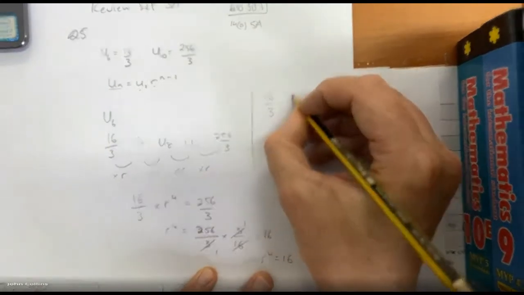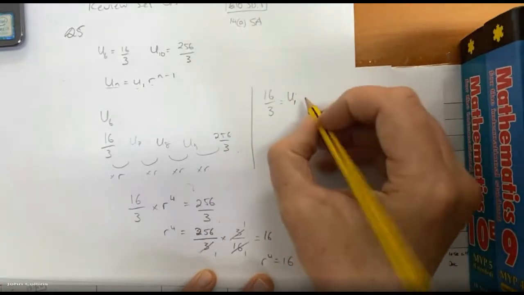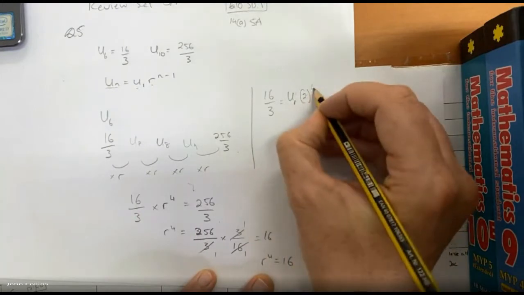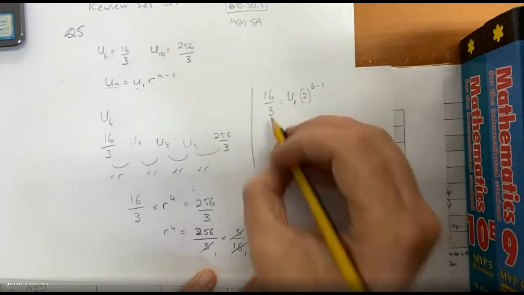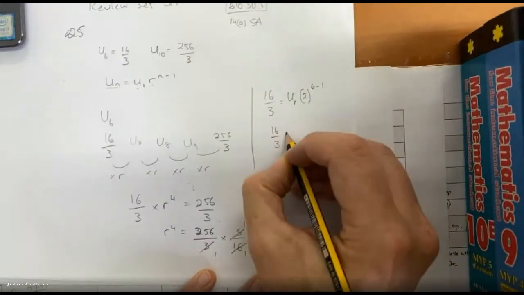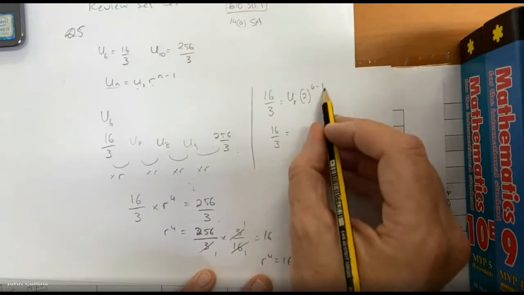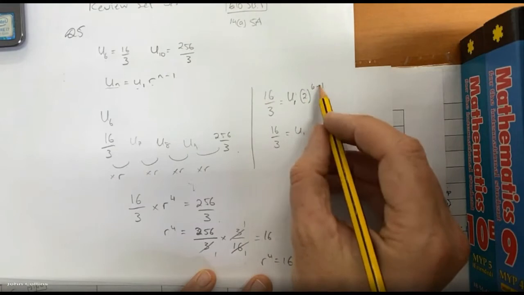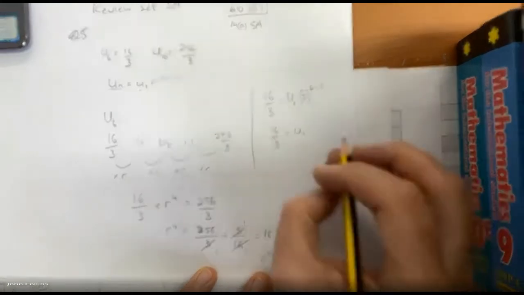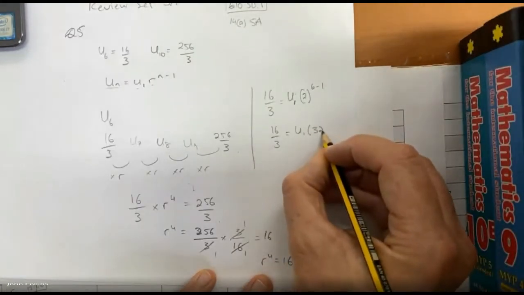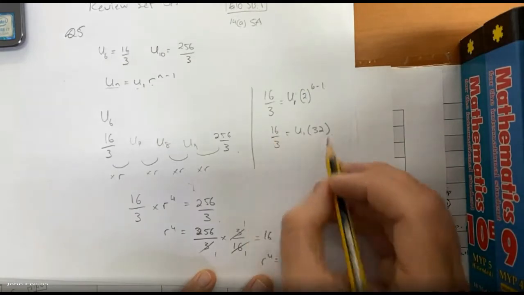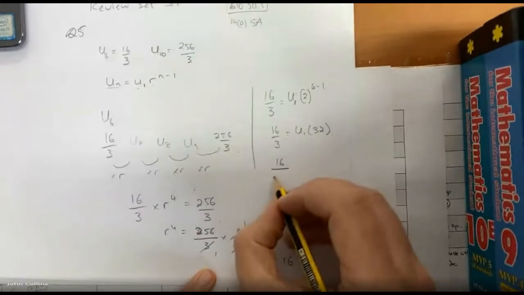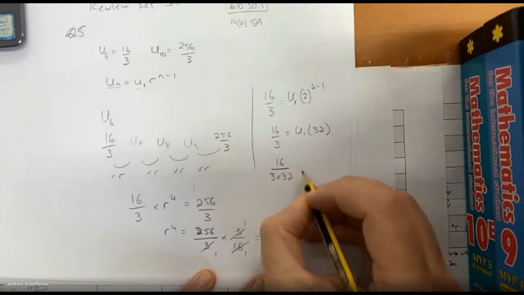The first term is unknown, I'll call it U1, but I now know my ratio is 2. So I'm just using the general term. U1 times 2 to the power of 6 minus 1 is the 6th term. So 16 over 3 equals U1 times 2 to the power of 5. 2 to the power of 5 is 32. So if I divide both sides by 32, I get 16 over 3 times 32, and that's the first term.